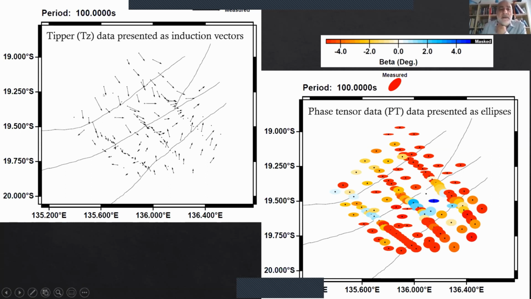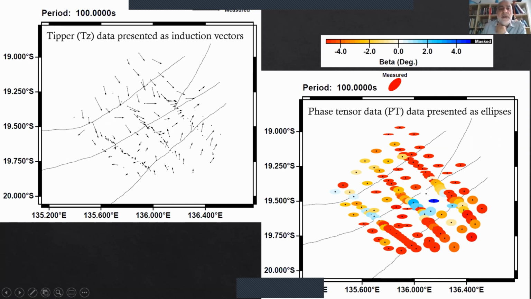In this figure, at 100 seconds, we see that most of the induction vectors in the northwestern part point toward the center of the array, meaning that we have some conductive anomaly running in the center of the array.